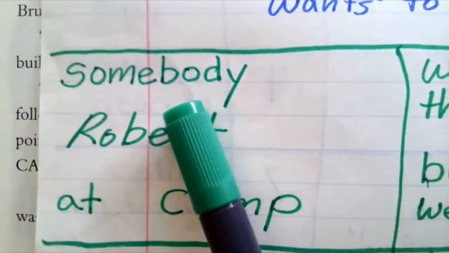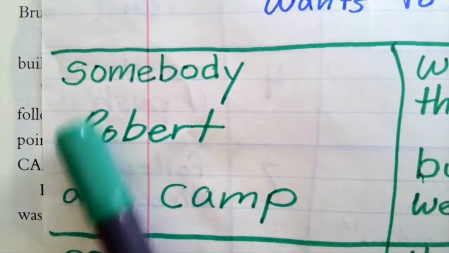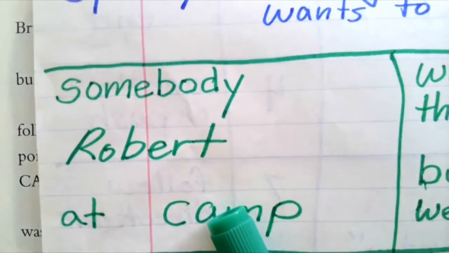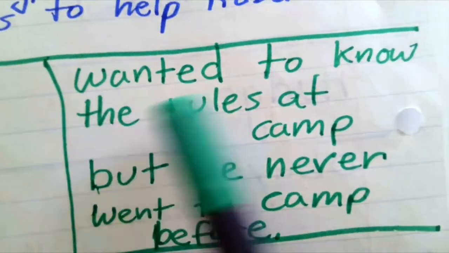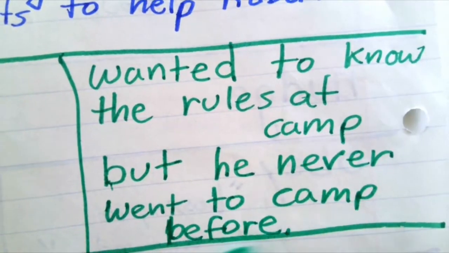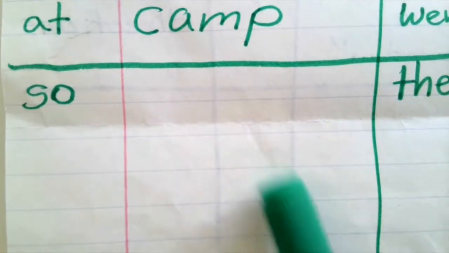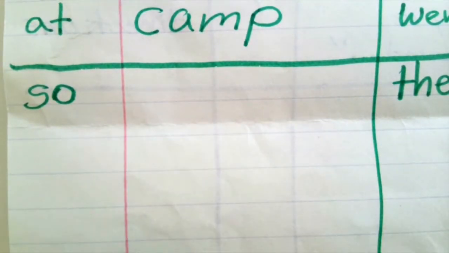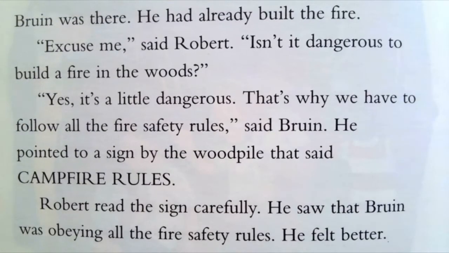What we wrote so far on our tool is that Robert, who is at camp, wanted to know the rules at camp, but he never went to camp before. So, what is he doing about that problem? How will he solve that problem, not knowing the rules? What key detail is telling us what he's doing about it?